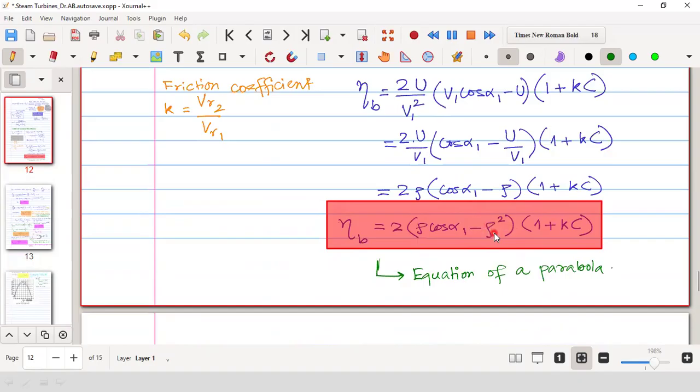So say for example, if it is a half, then the square of half is 1/4, right? So that means when it is below half, cos alpha has a particular value, it is constant. Okay, cos alpha is a constant value.